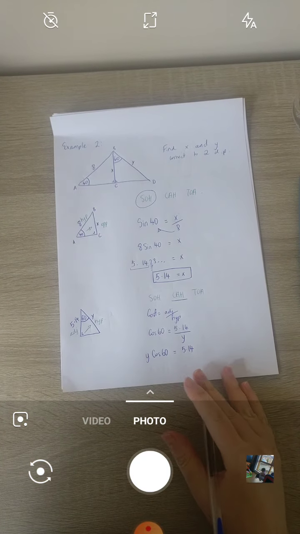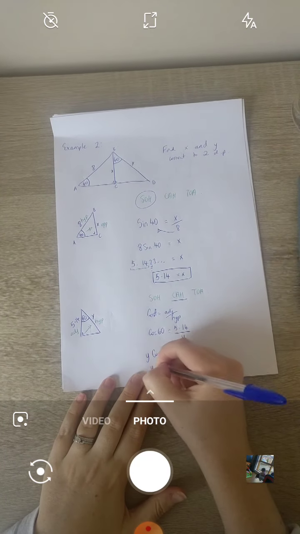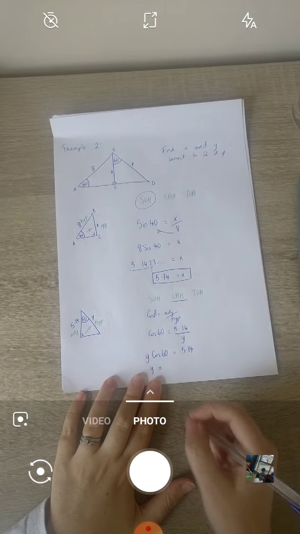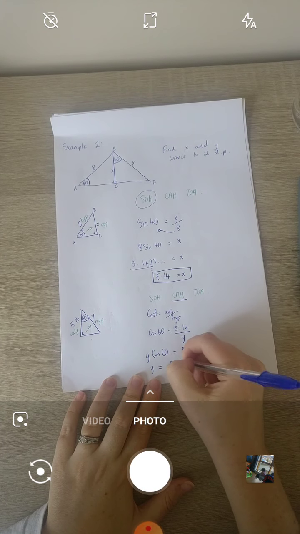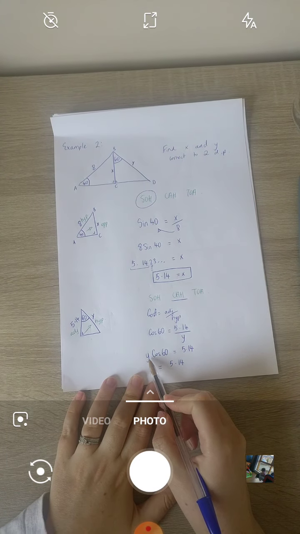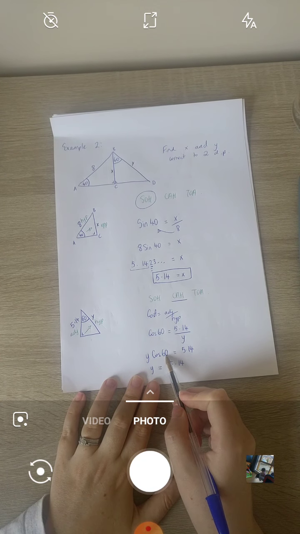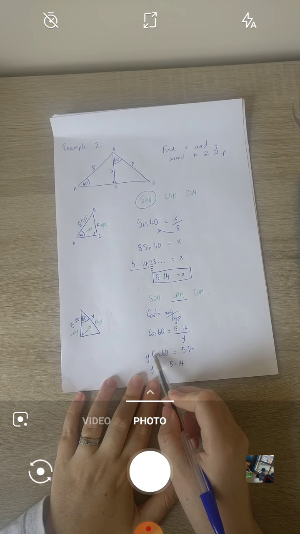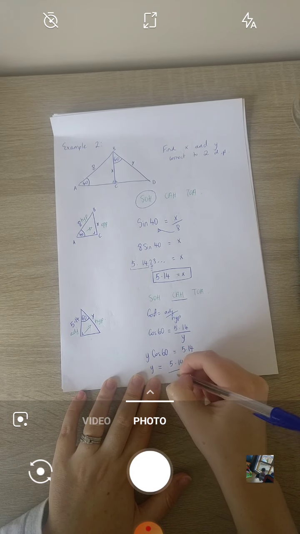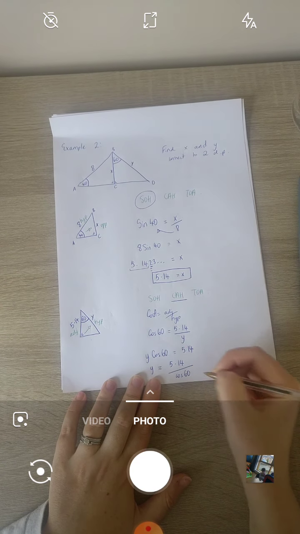Now we're trying to find y on its own. So if I leave y on its own on the left, on the right I'd have 5.14. This was y times cos of 60. So if I move cos of 60 to the other side, it's going to become division.